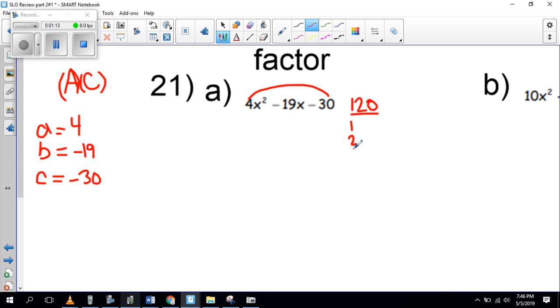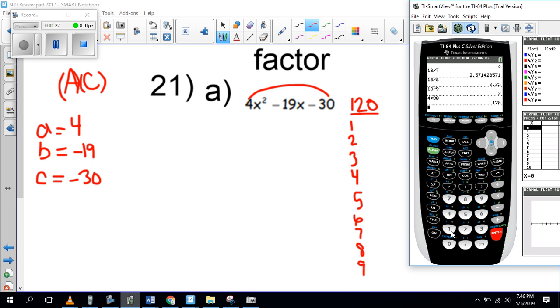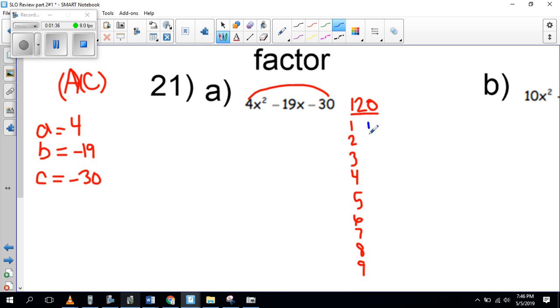1, 2, 3, 4, 5, 6, 7, 8, 9. And we're going to do like we normally do, but we got a little bit more steps. So we bring up our calculator. 120 divided by 1, and hopefully everybody knows this one is going to be 120. So 1 and, in a different color, 120.